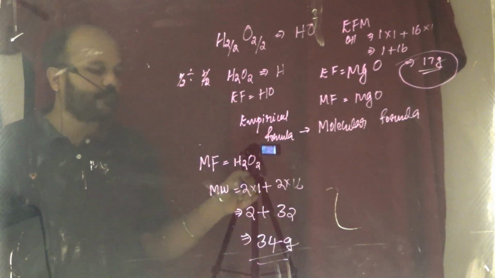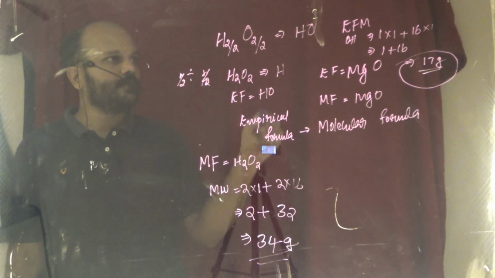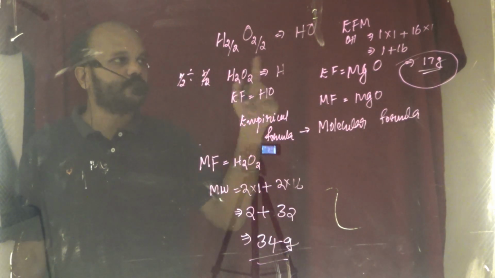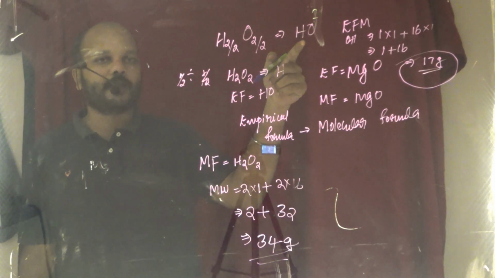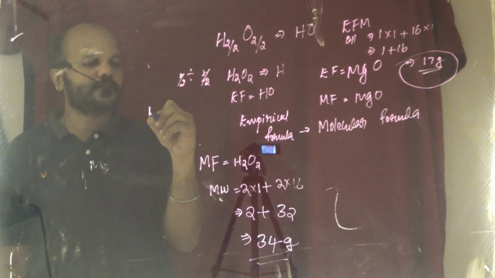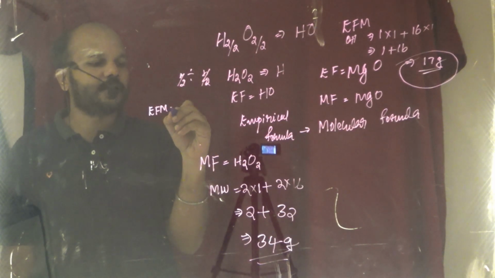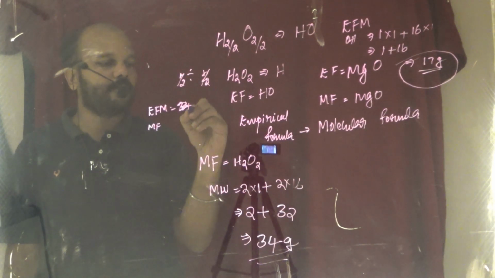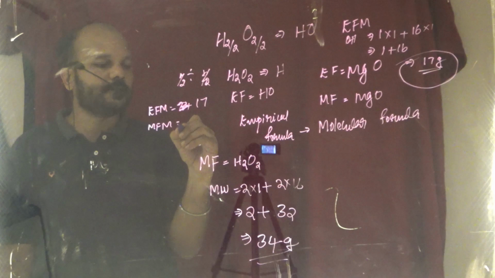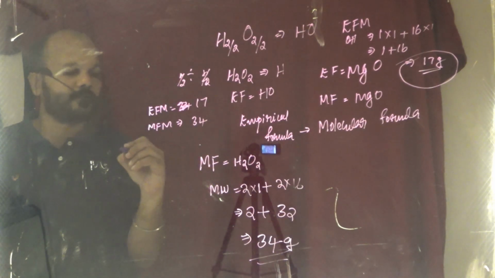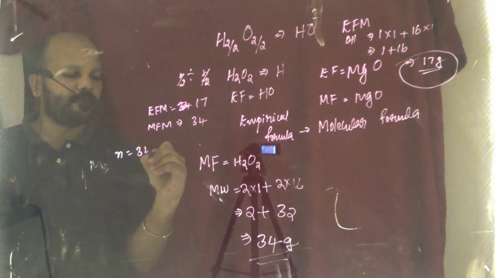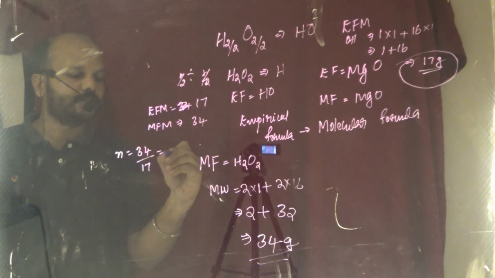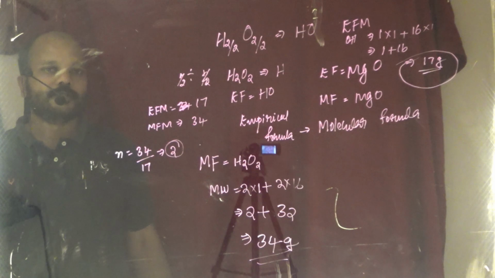So how can we find it? If you know the molecular weight and the empirical formula mass, the digit n is 34 divided by 17, so you get 2.